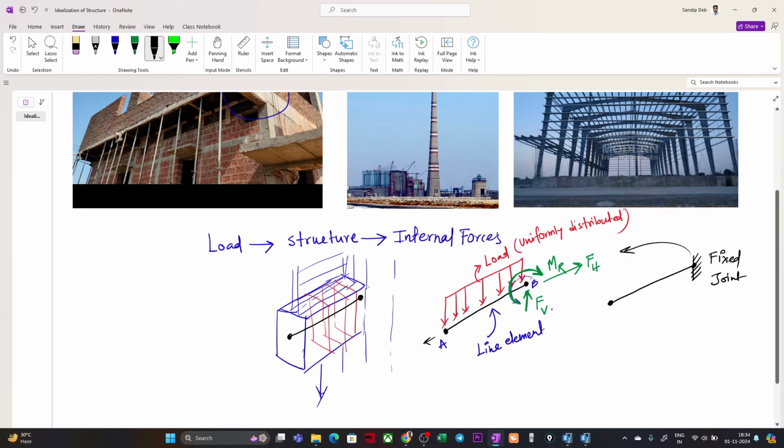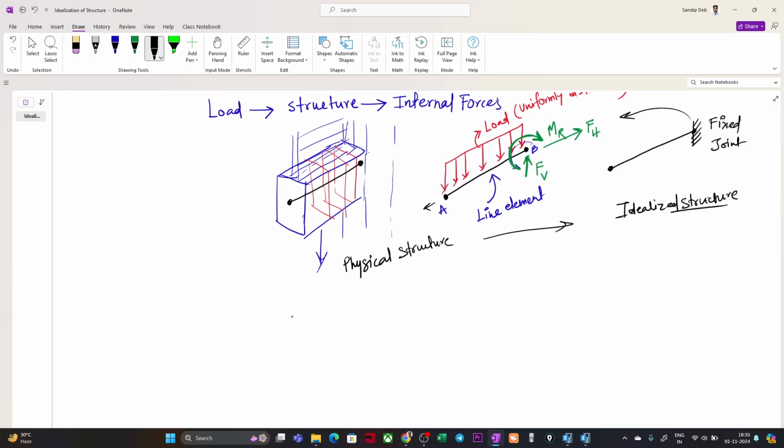Now it is very easy for you to solve, and to understand, right? You do not have to construct the beam. From this physical model, or the physical structure, we have got our idealized structure. It is something like this.